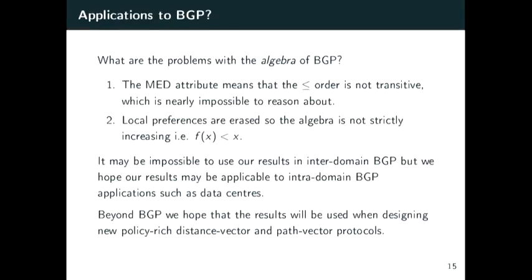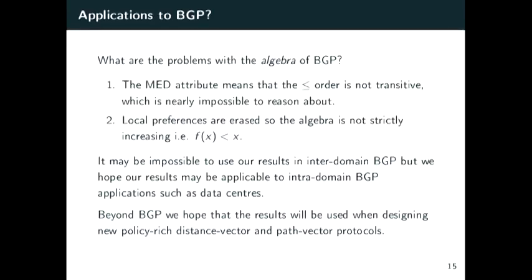So if you have a route x and you prefer route x over route y, and you prefer route y over route z, then it doesn't necessarily follow that you prefer x over z, which is really kind of mind-blowing in many contexts, and it makes the protocols almost impossible to reason about. This can be fixed by turning on certain flags in BGP, which is perhaps the solution.